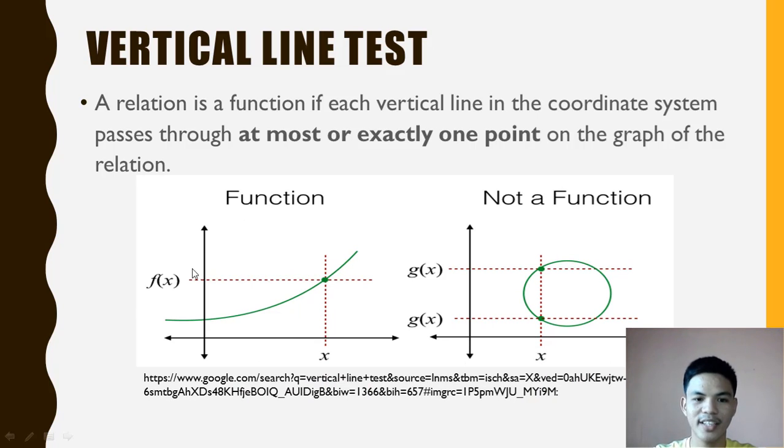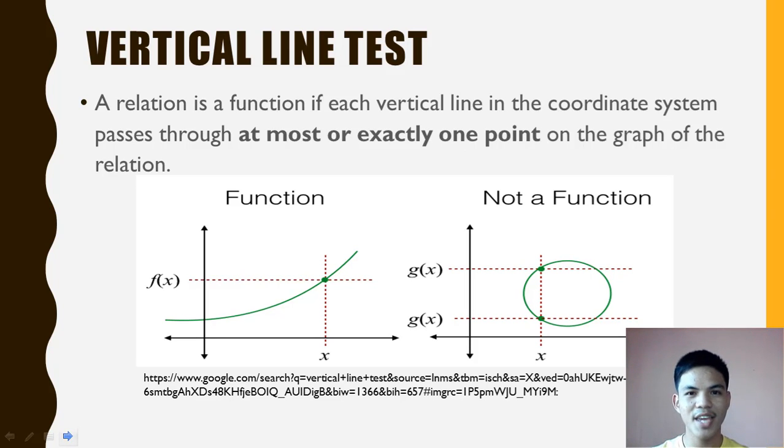For the first part, f of x, the graph intersects the vertical line at exactly one point. So this is an example of a function. On the other hand, with this illustration, the vertical line intersects the graph at 2 points. Therefore, it is not a function.